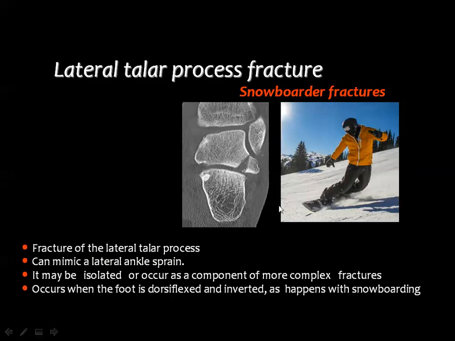Then there may be an injury to the lateral process of the talus, which is of course better seen in the reconstructed CT images more than in the plain X-rays. Then this is the mechanism of the injury when the foot is dorsiflexed and inverted, as happens in the snowboarders.